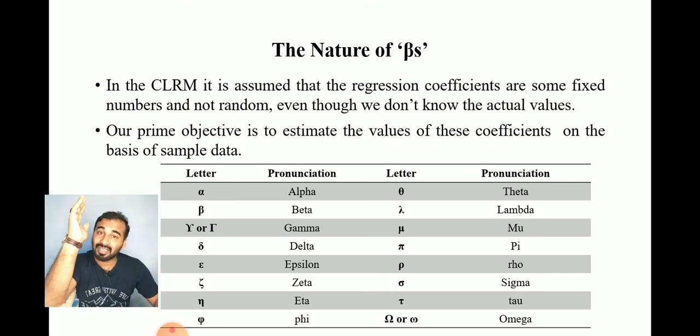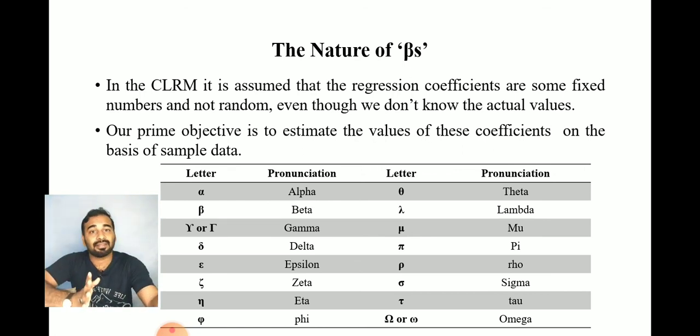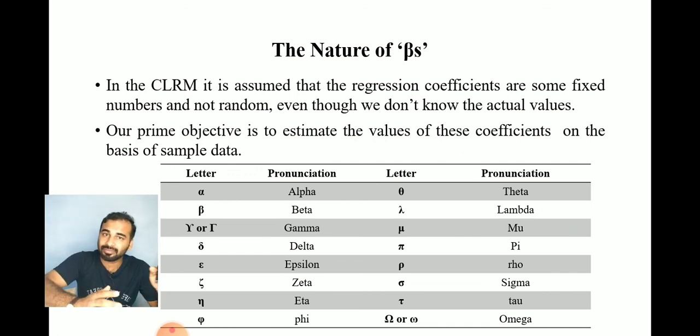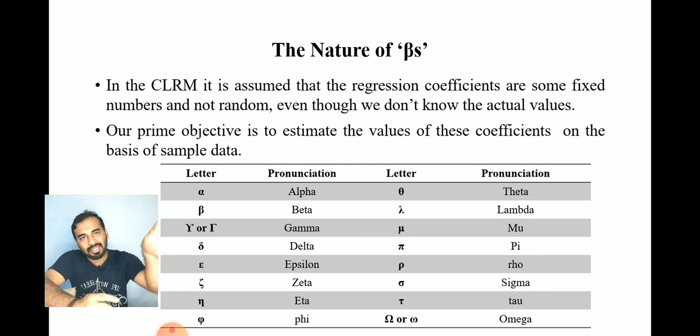They are just alphabet letters, so don't get confused. If one book uses beta 0 and another uses theta, both are the same. The shape of the letter won't tell you anything; the idea of the equation will give you the idea. Clear?